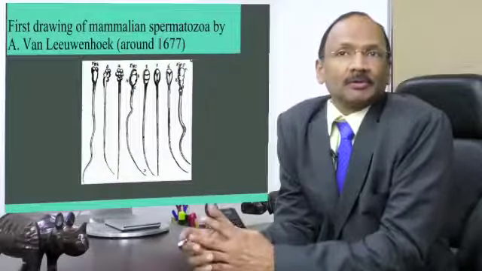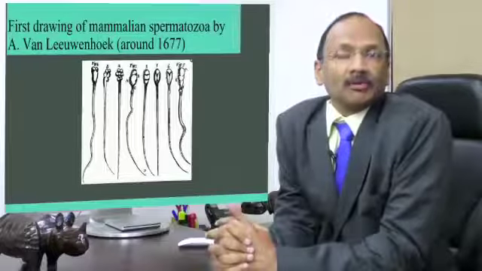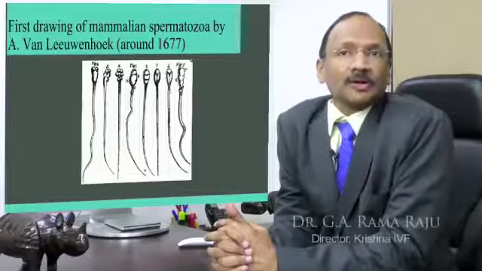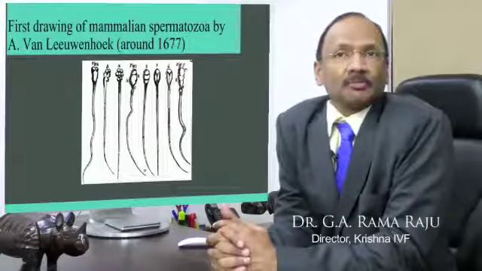In the next slide, you will be seeing how nearly 400 years ago Leeuwenhoek described the morphological abnormalities of the sperm. In this slide, you see how Leeuwenhoek was able to describe the different types of sperm morphology.